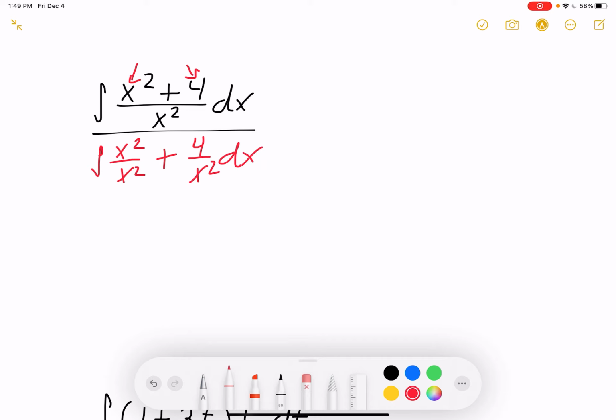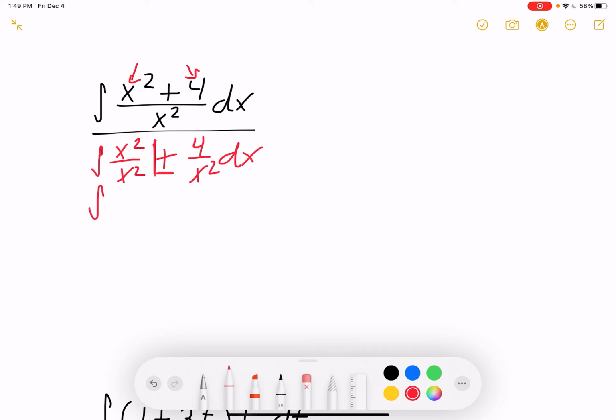The next thing we can do is, because of the sum and difference rule, we can split this plus sign into 2 different integral problems.